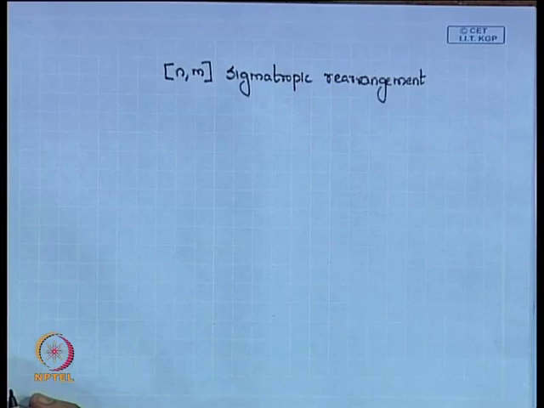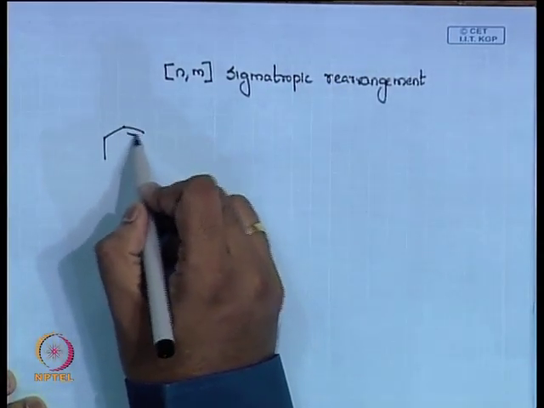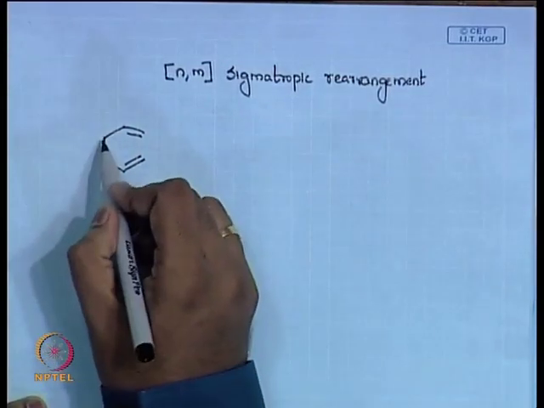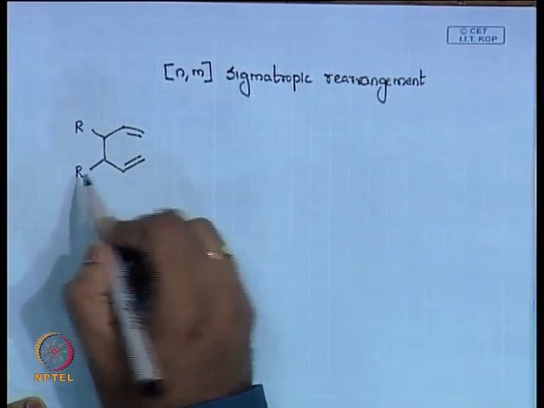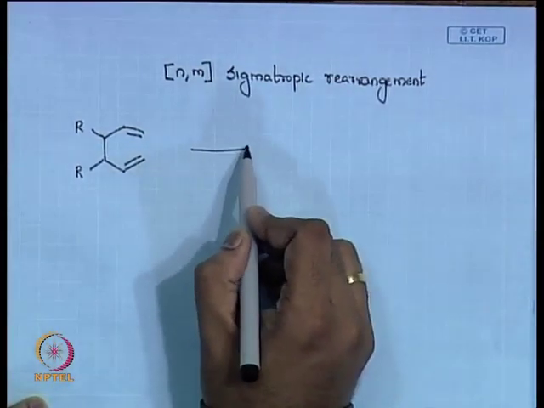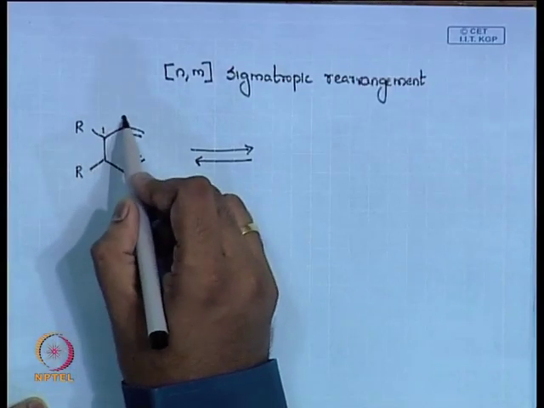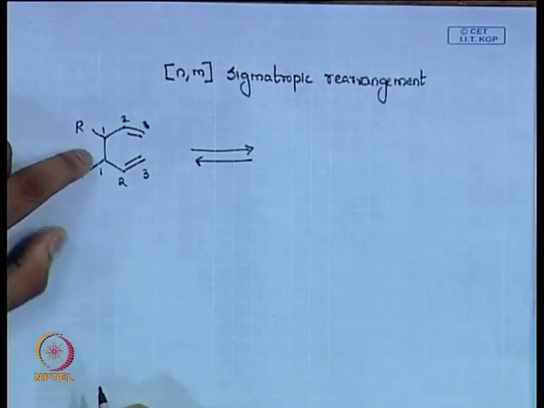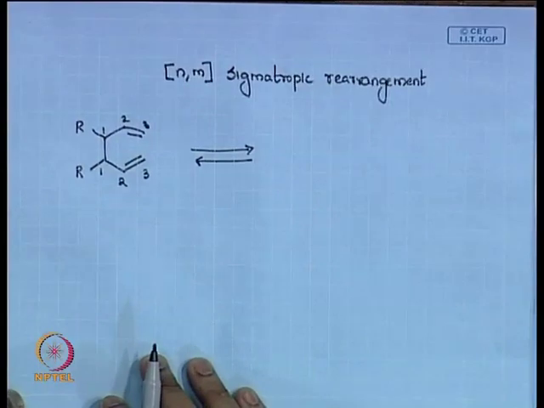Fine. So, what is n,m? It is a system like this. I am numbering here 1, 2, 3, 1, 2, 3. The sigma bond initially is at 1,1 position.